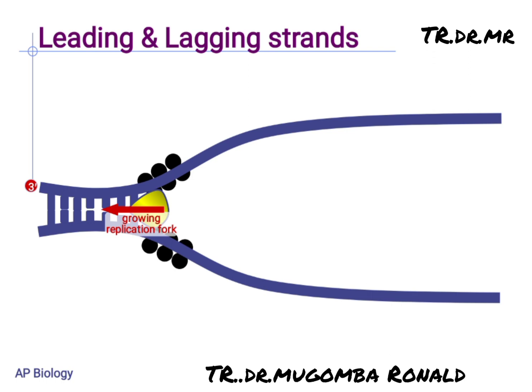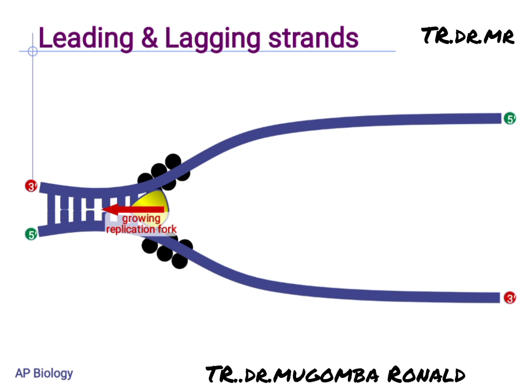So we have the DNA strand that is starting from the 3' end to the 5' end. Then we have the one which is starting from the 5' end to the 3' end. But we should remember very well that our DNA polymerase 3 reads 3' to 5' and synthesizes 5' to 3'.